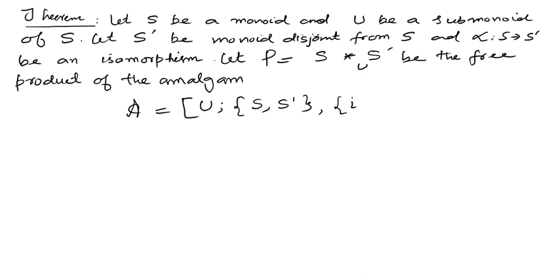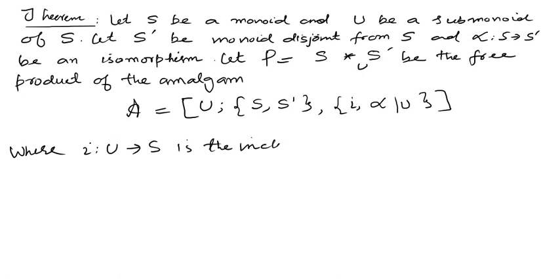One is the inclusion map and the second is alpha restricted to U, where i from U to S is the inclusion map.